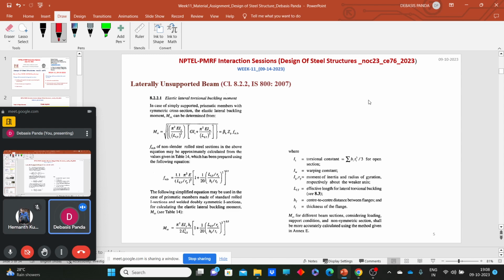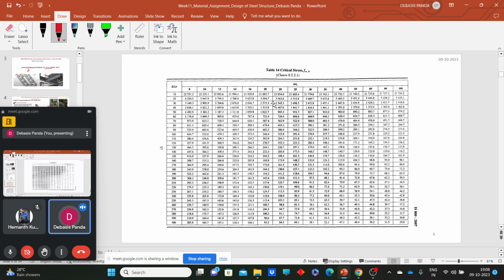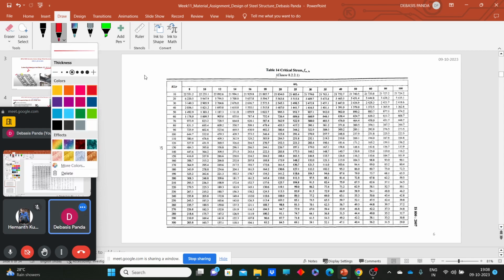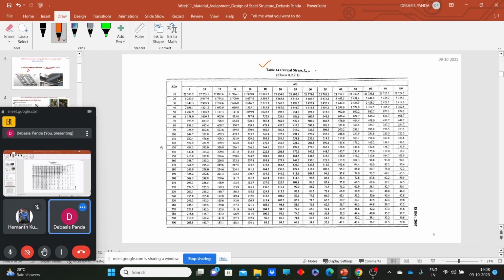And one more thing, we have one procedure by which we can easily calculate the value of FBD, and that is the table. So from Table 14, we can calculate the FCRB value first.